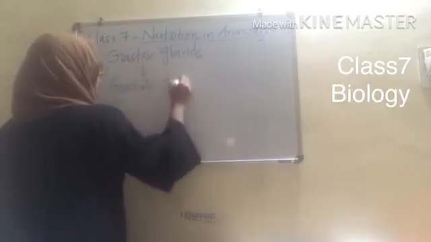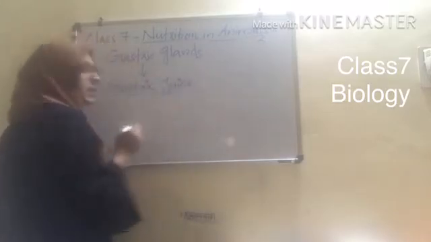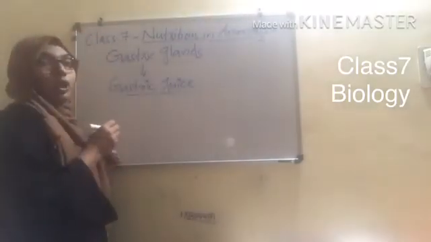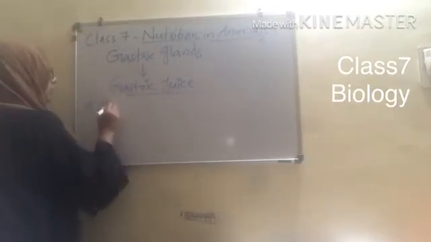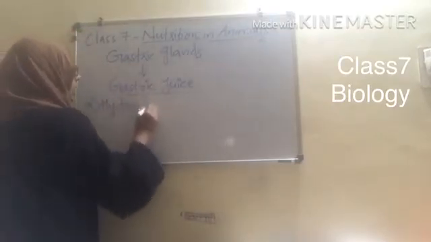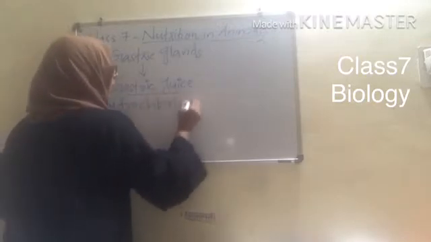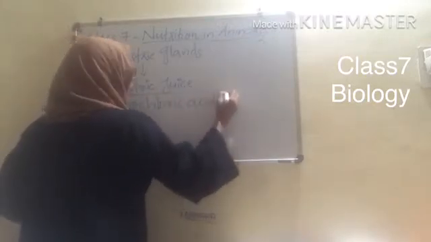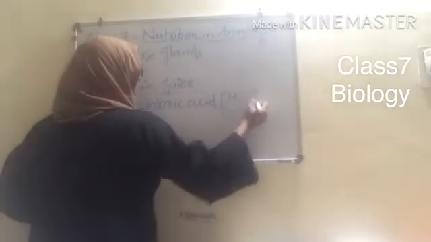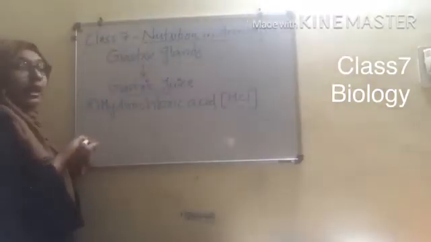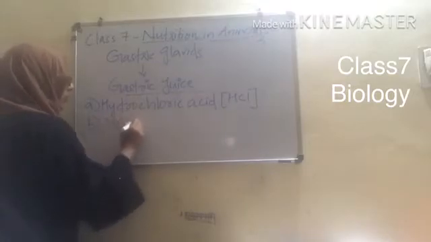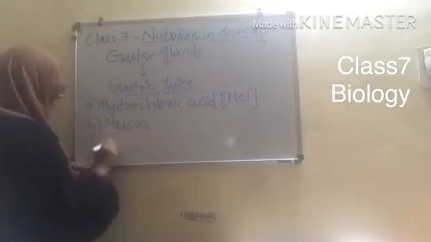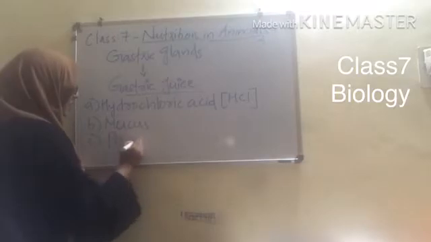Okay, this juice in turn consists of three substances which include hydrochloric acid, or you can write it as HCl. That is enough. Hydrochloric acid, then mucus and pepsin.